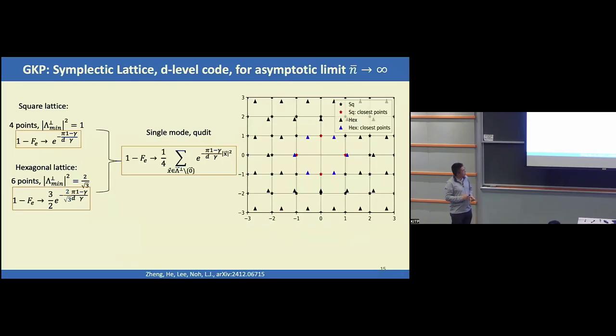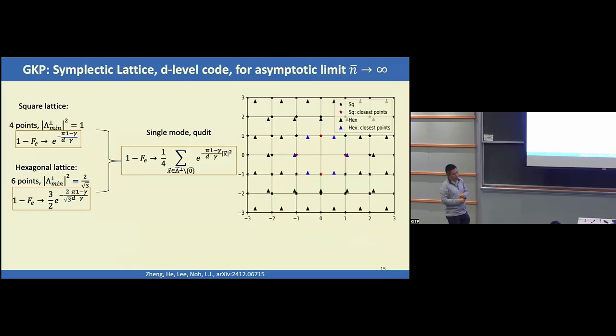It's some prefactor multiplied by a quantity associated with the symplectic dual of the original lattice. And the error is limited by the nearest lattice point of the symplectic dual.